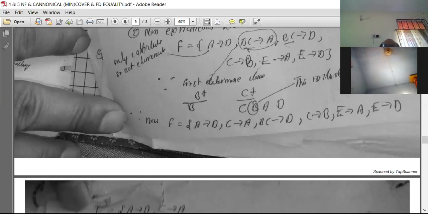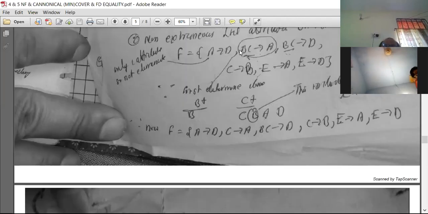So in this case, if there is such an attribute, so this includes B, we can eliminate B. That means we find the closure of both B and C. In the B closure C is not coming, but in the C closure B is coming.